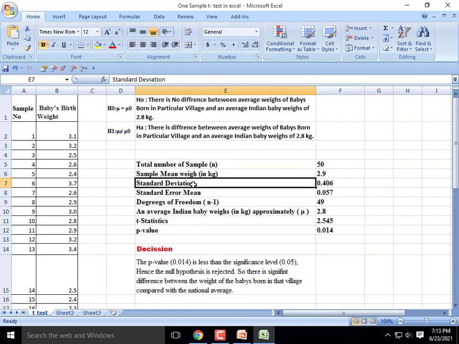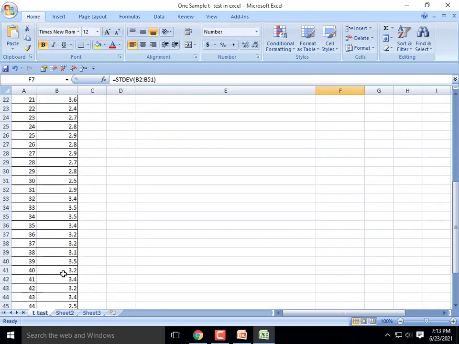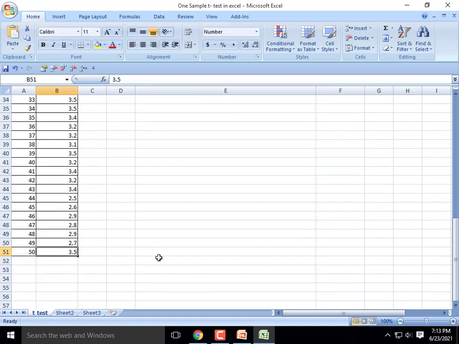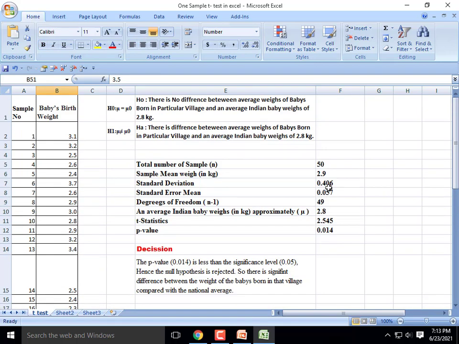Standard deviation is equal to STDEV of B2 to B51. We can get a standard deviation of 0.406. Next, standard error of the mean is equal to standard deviation divided by square root of sample size.